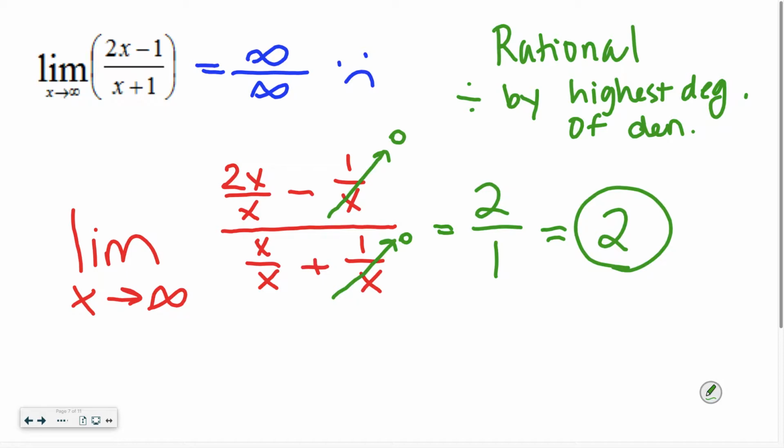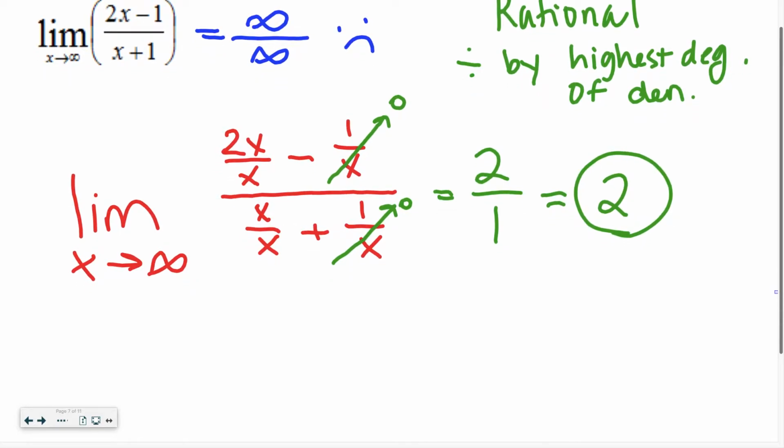Could we have identified our horizontal asymptote without having to do algebra? Yes. How, Pierce? You take the coefficient of the x value over the coefficient of the other. Okay.